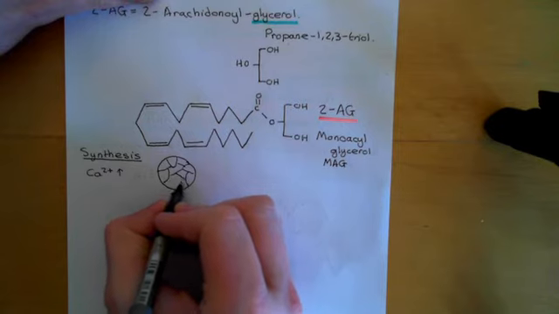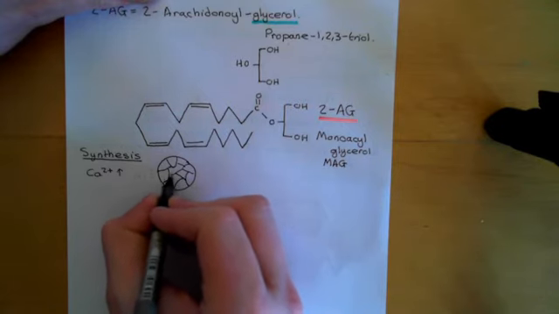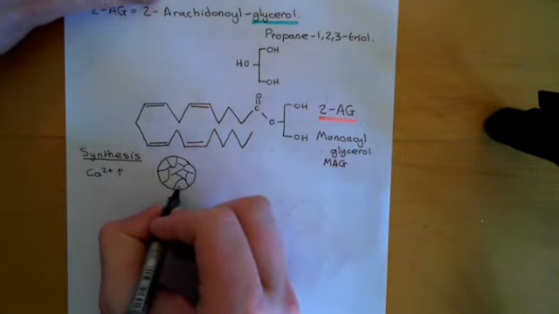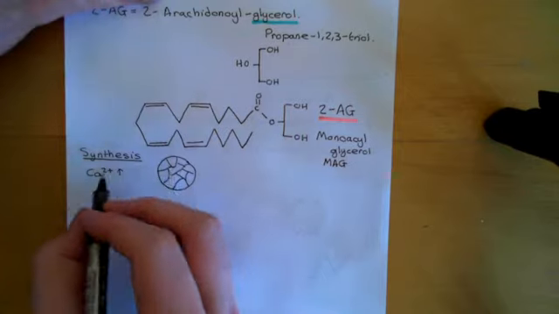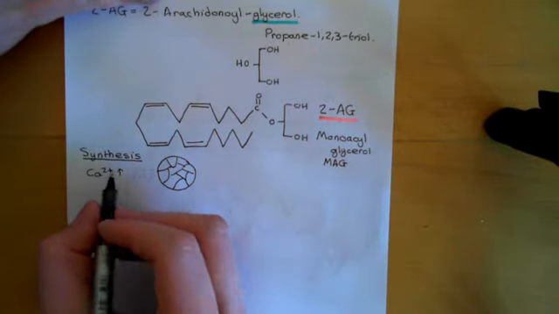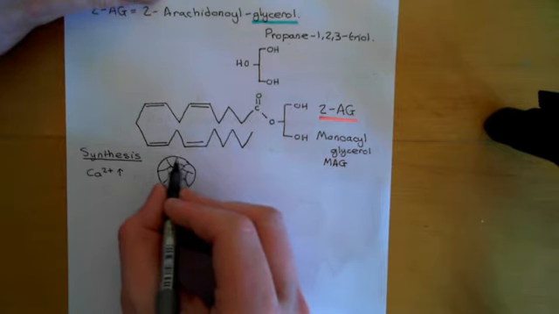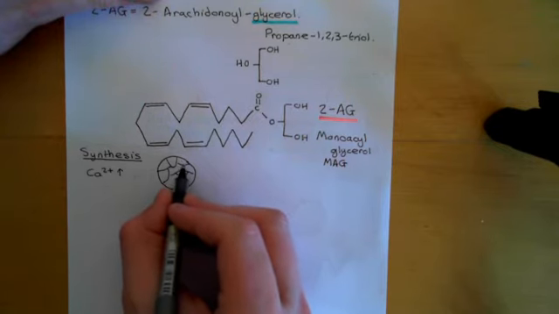Calcium signals in different domains cause different things, so you can have different effectors for the calcium in different microdomains. So it may be that the synthesis machinery for endocannabinoids is in a specific microdomain, and it's only a calcium signal in that specific microdomain that causes the production of endocannabinoids.